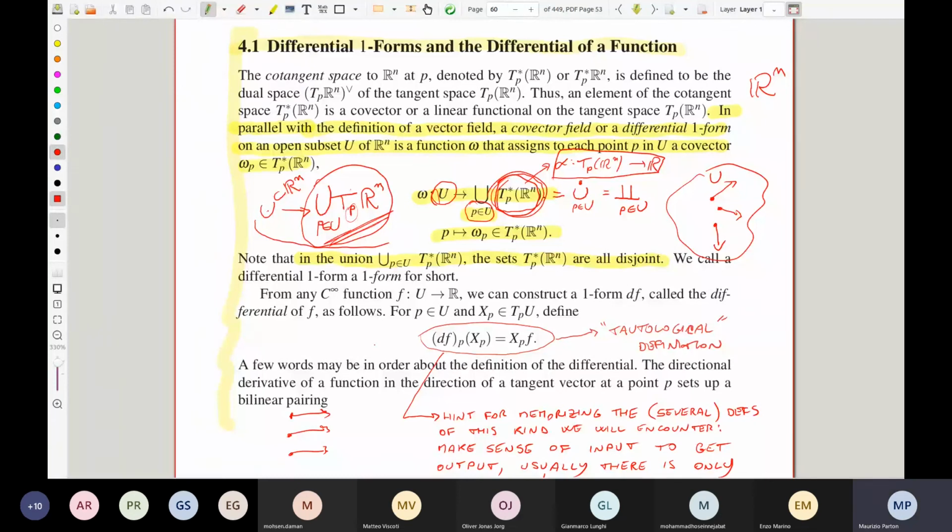Maybe differential form. What do you think? You like the word? These are the differential forms in Rn. Maps from an open set, and for each point I will have an element of the dual space of the tangent space in the point. It's more difficult to say than to understand. Okay, and this is the map.